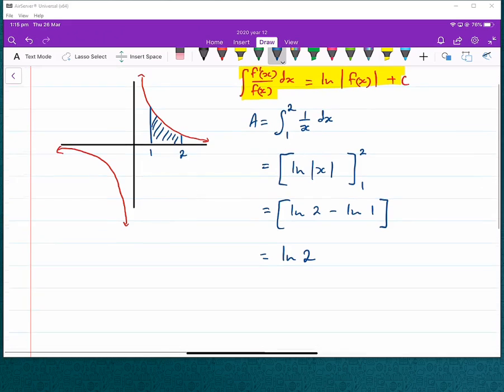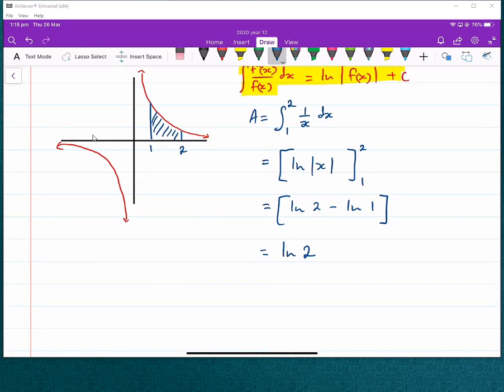Now, if we wanted to look at the other way, say between -1 and -3, I'll say integral instead of area. Remember, the area would be positive, but this integral, because it's underneath our x-axis, will be negative.